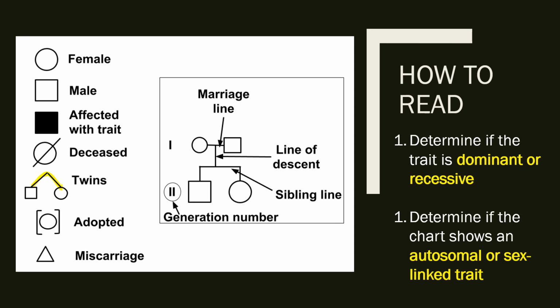Now, the next thing that we do when we go to read a pedigree is we determine if the trait is dominant or recessive based on the inheritance pattern that we see in the previous generations.